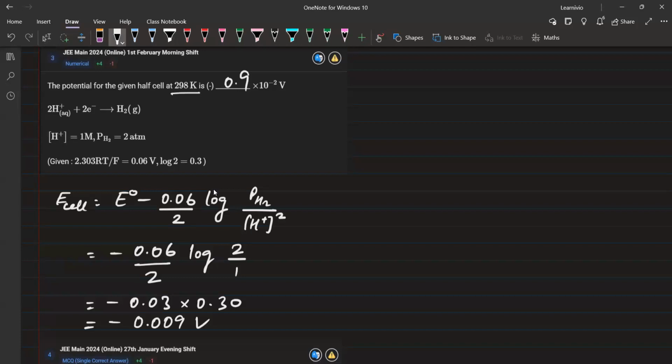So 0.9 will be the answer. Okay. So 0.9 तो नहीं होगा, but if they're asking for an integer, you will have to write 1.